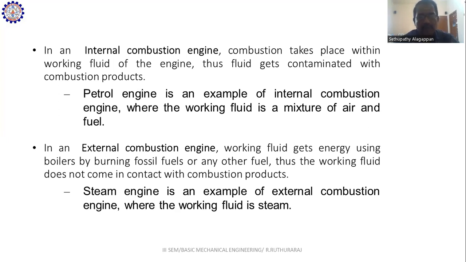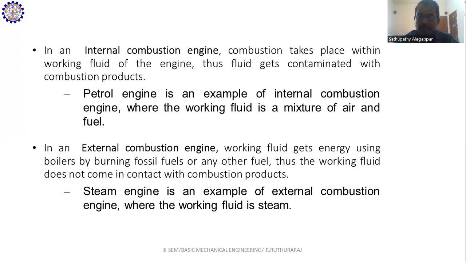In an external combustion engine, the working fluid gets energy using boilers by burning fossil fuels or any other fuel. Thus, the working fluid does not come in contact with combustion products. We use fuel to raise the temperature of water, getting steam. This type of combustion is called external combustion.